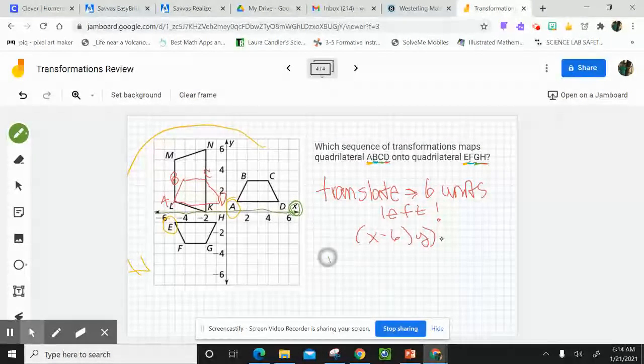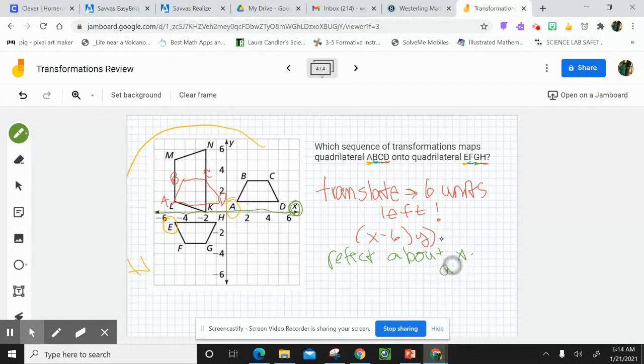So I can just reflect about the axis. You could also translate 6 left and 2 down, and then reflect across y equals -1. But if you can see that translation across the x-axis first, that's your best bet.